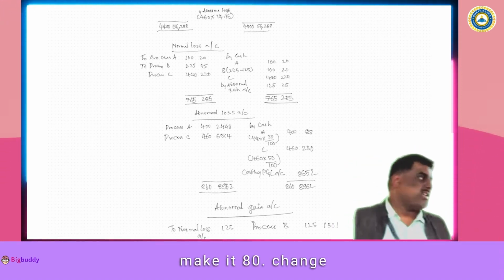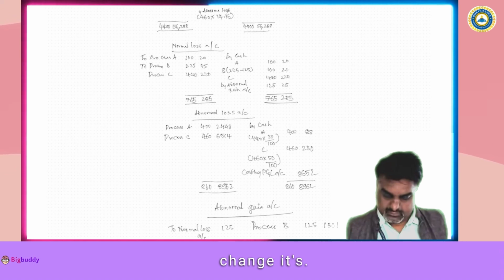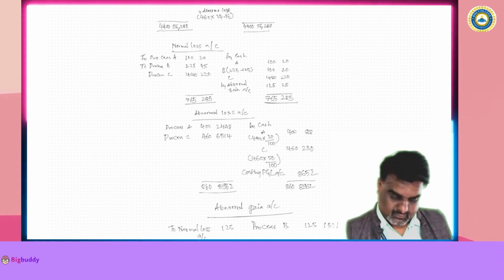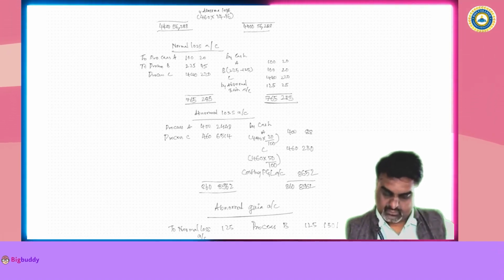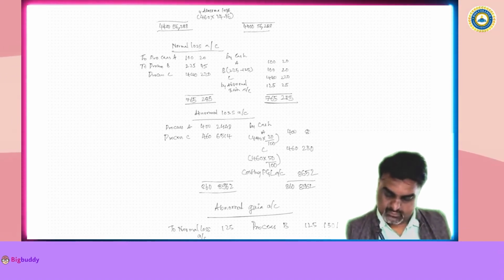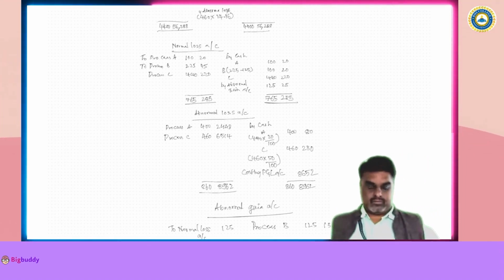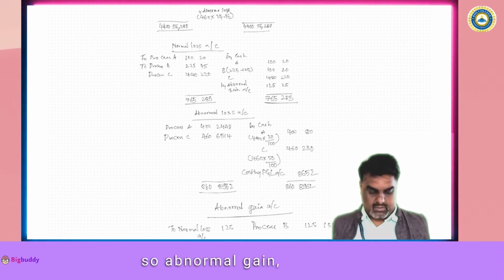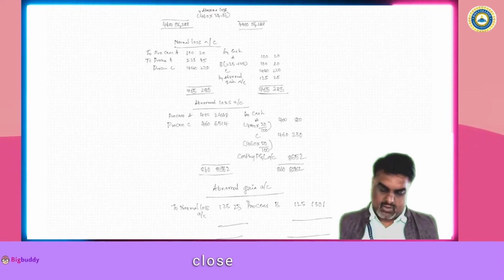Make it 80. Change it. So abnormal gain, you get 25 rupees. Close the account.